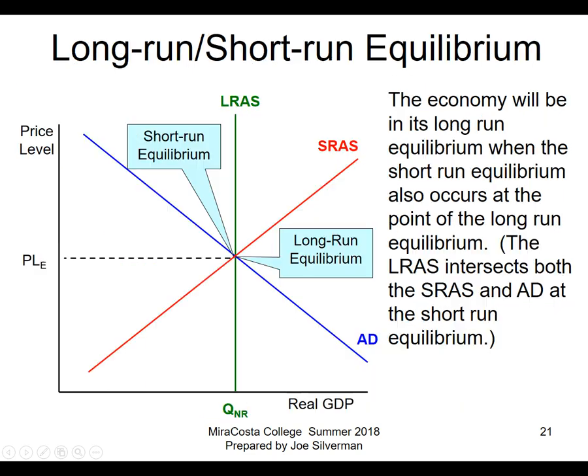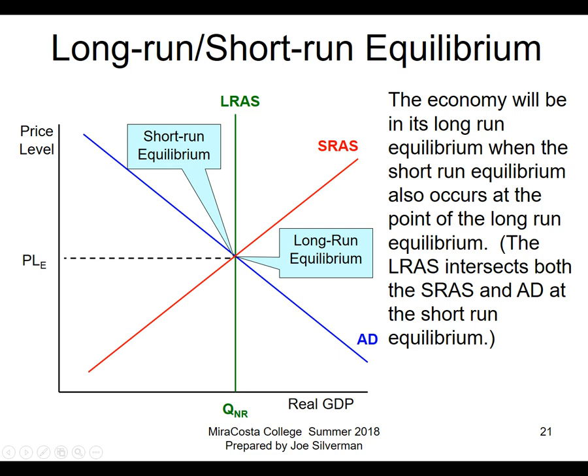So that's our long-run aggregate supply curve. If the long-run aggregate supply curve intersects the aggregate demand curve at the same place that the short-run aggregate supply curve intersects the aggregate demand curve, then the economy is in equilibrium in the short run and the long run at the same level of GDP and at that price level. So this is ideally where we'd like the economy to be.